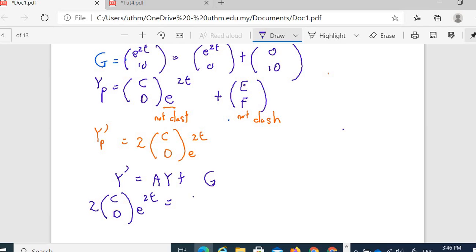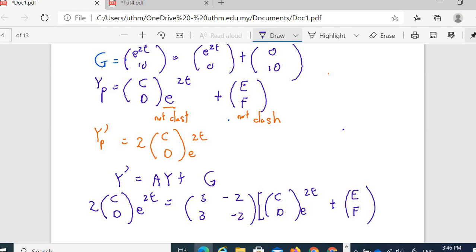A is 5, 3, negative 2, and then negative 2. Y just now that we chose is here: c, d exponent 2t plus e, f, plus g. G just now, G is here.